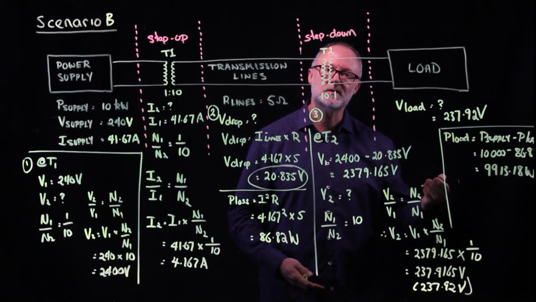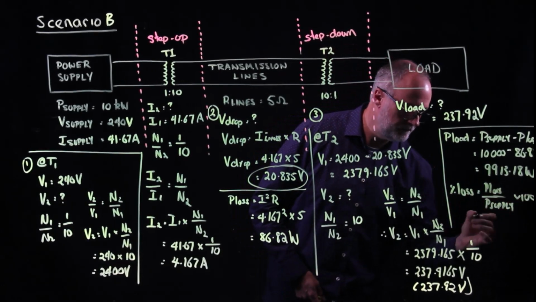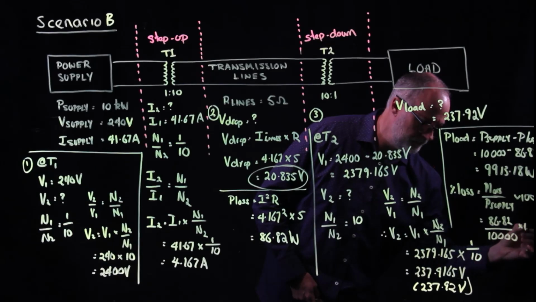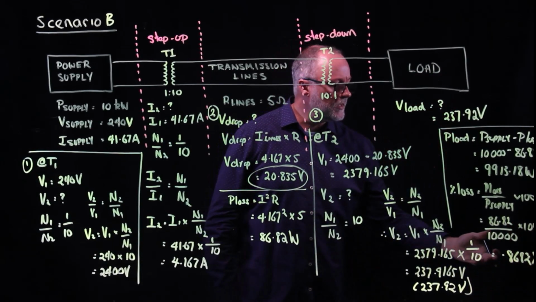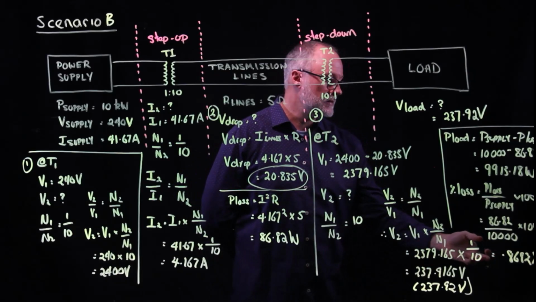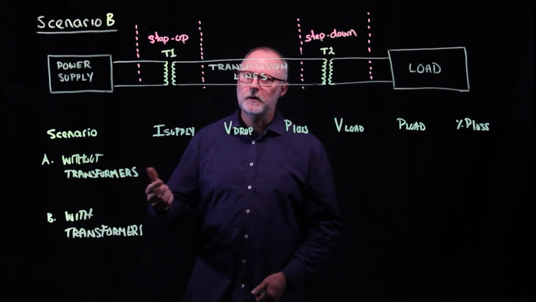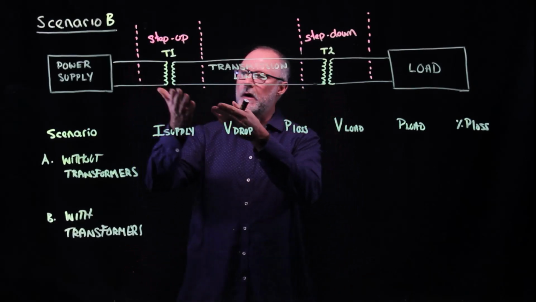Once again, we could express this as a percentage loss. So the percentage loss of power with this transformer scenario is only 0.8682%.